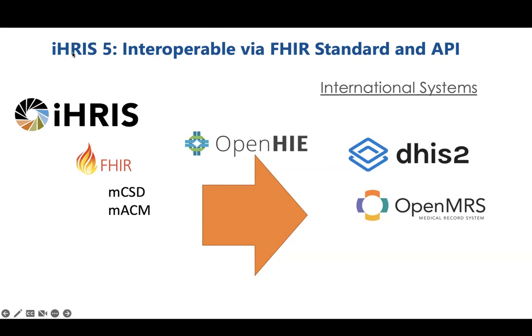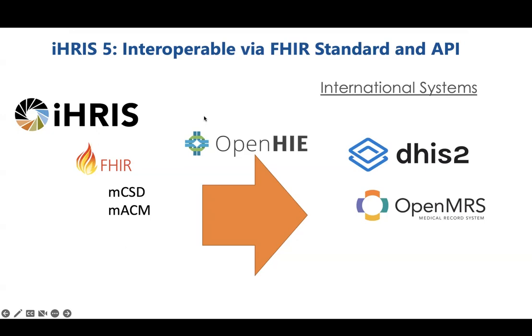That way, for example, through the OpenHIE exchange, like when I showed you the diagram around the OpenHIE architecture, you can have IRIS both as a registry and a part of a service system, and then using the interoperability layer within OpenHIE, you're able to share data with any system that supports FHIR. Right now, I know, for example, DHIS2 and OpenMRS both support FHIR.